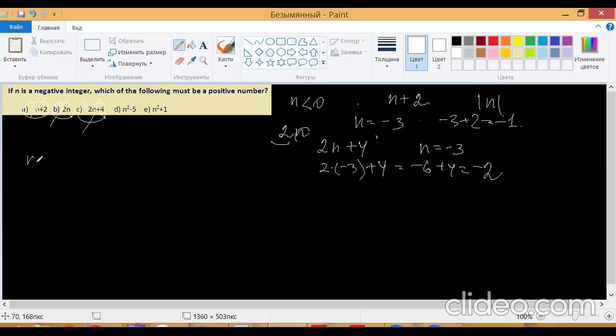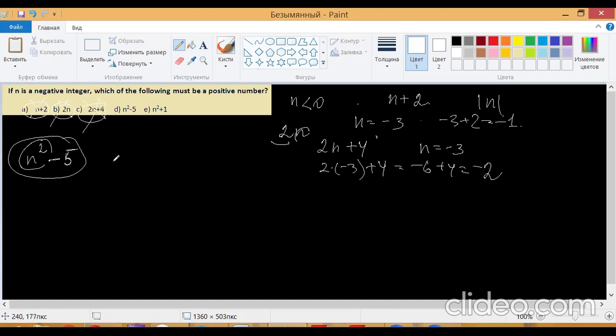Now, n squared minus 5. You may say, oh, squared, it means that whatever n is by nature, negative or positive, its squared value will give us a positive number, and you will be right. But the problem is that right after n squared, we've got -5, which means that at some values of n, this algebraic sum can turn out to be negative.